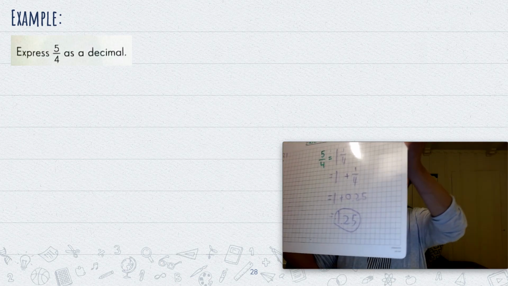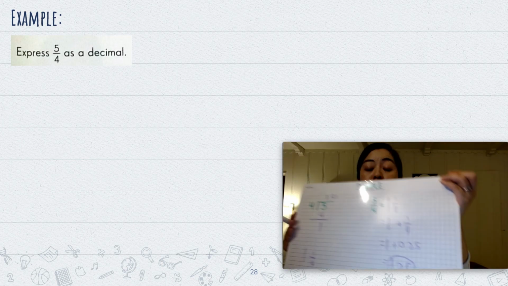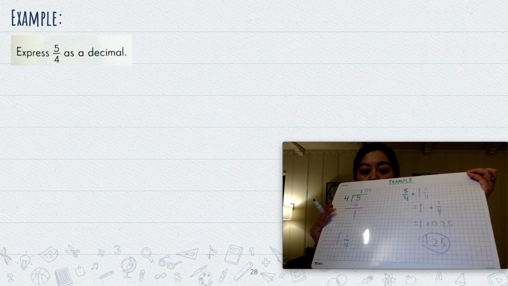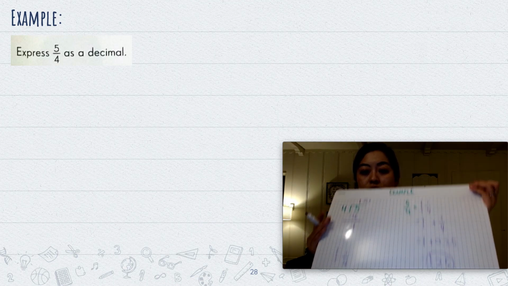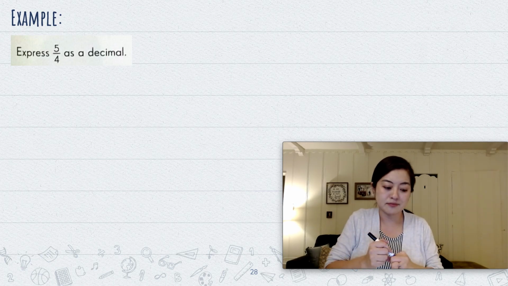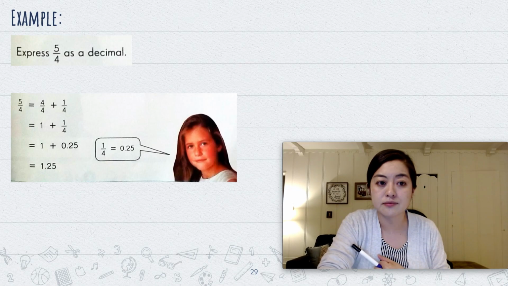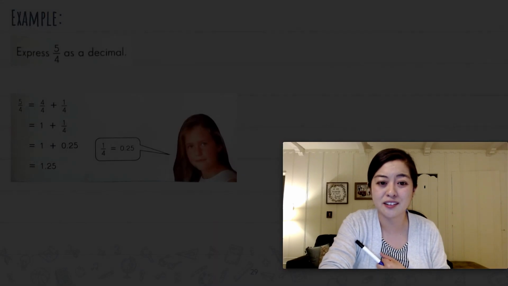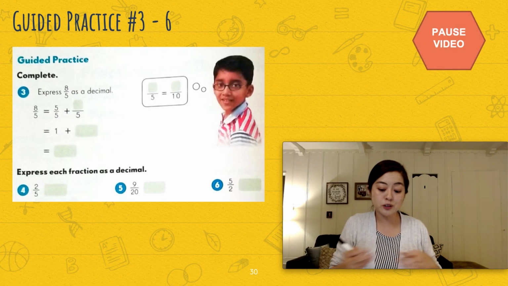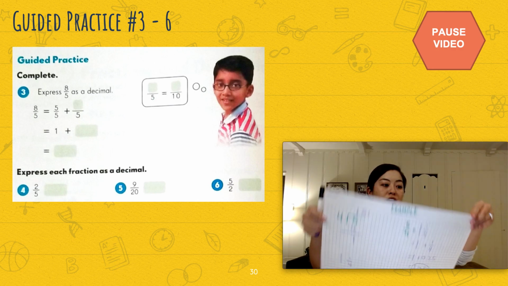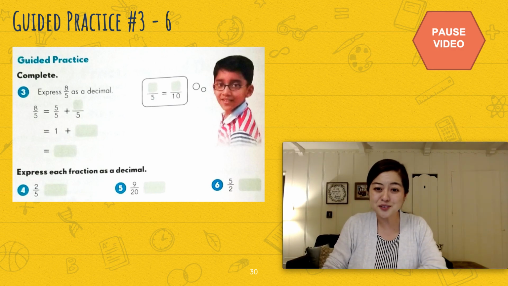So 5/4 is written as 1.25. And that's what they did over there for you. Alright, you're going to pause the video and try the guided practice on your own, okay?